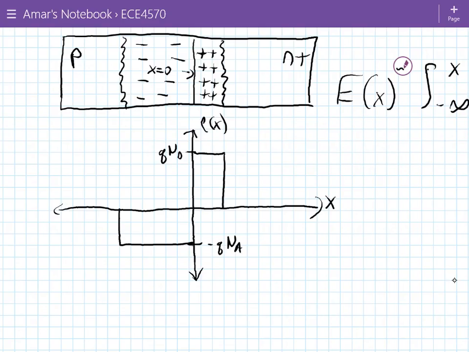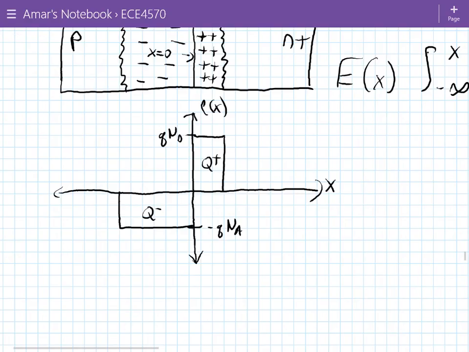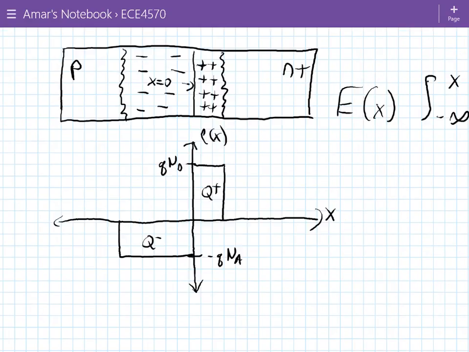This is Q plus, the area under the curve, and Q minus. We've already established that those two areas are equal to one another: Q plus equals Q minus.